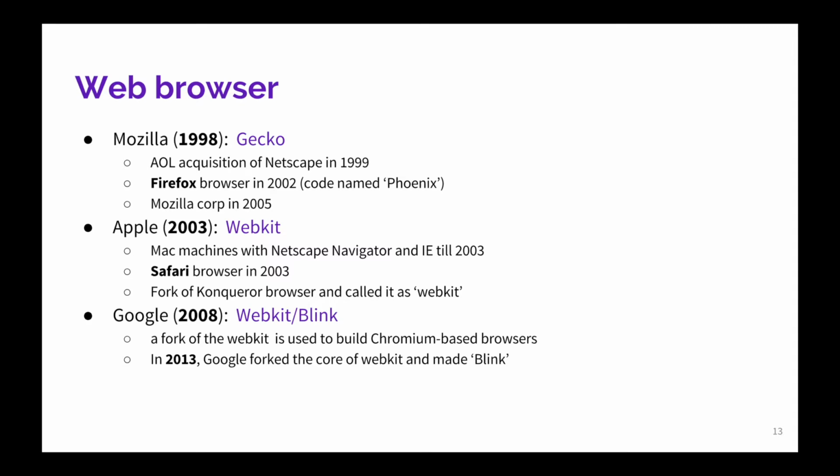So they forked WebKit, and they built a browser out of it. In 2013, they forked WebKit and made Blink, right? So ultimately, if you look at it, all these browsers are coming from one browser, that is Mosaic.